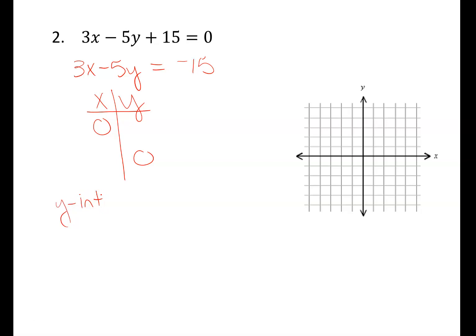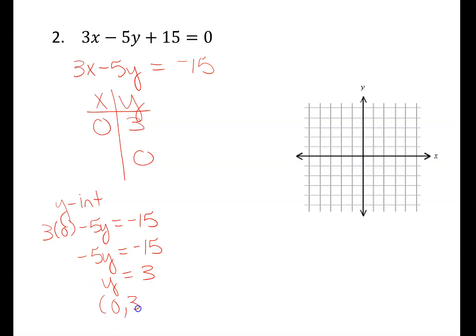For the y-intercept, I'm letting x be 0. So 3 times 0 minus 5y equals negative 15. And then 3 times 0 is 0, so negative 5y equals negative 15. And if I divide by negative 5, I will get a positive 3. So my y-intercept is (0, 3).